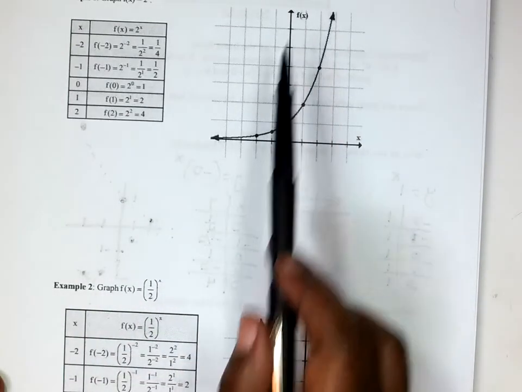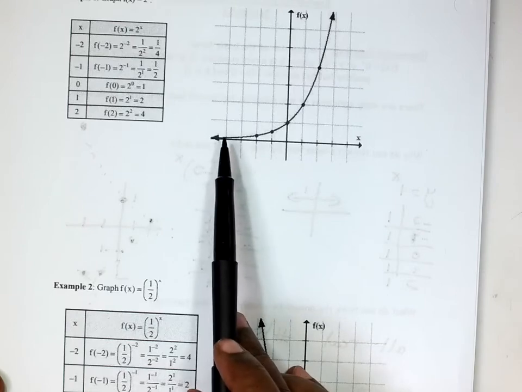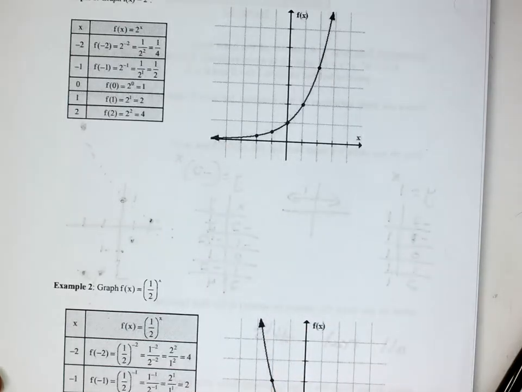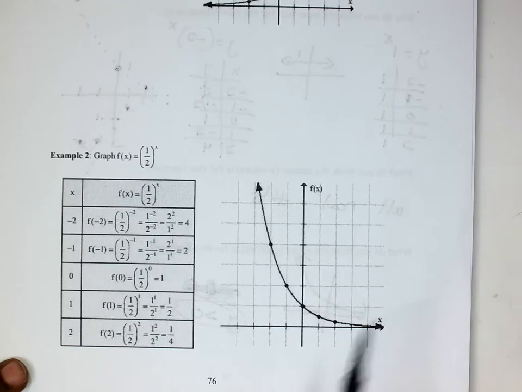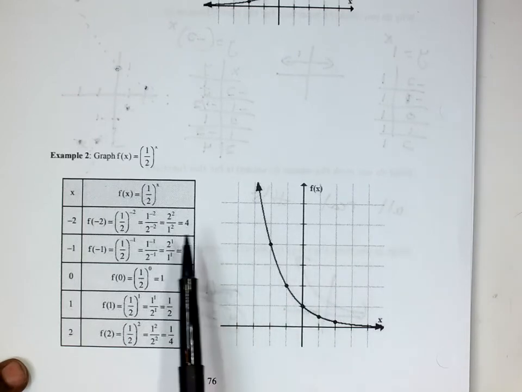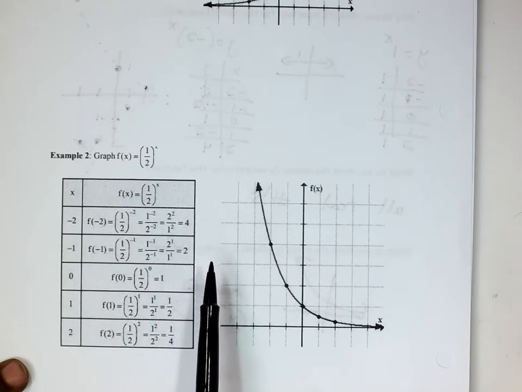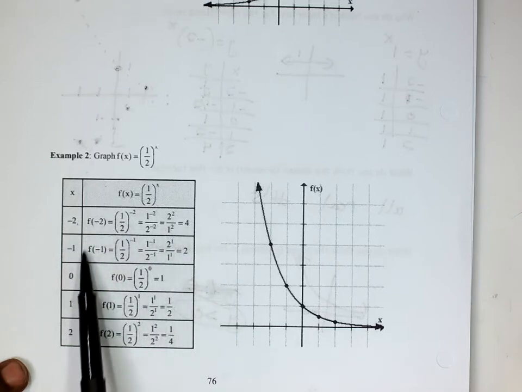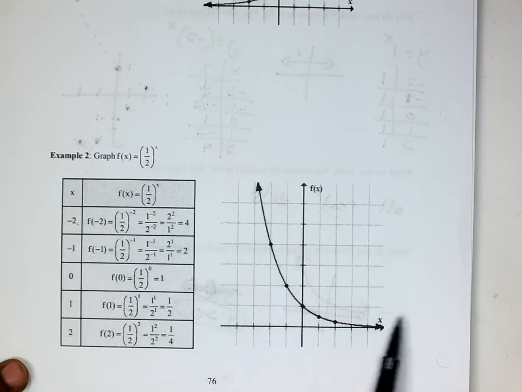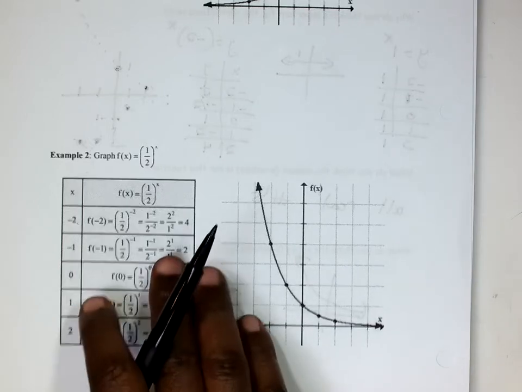The range, it gets really, really close to 0, but it never can actually hit 0. So the range is greater than 0. And then I have f of x is 1/2 to the x power. Again, evaluating at these points from negative 2 to 2 at the integer values and plotting them. And again, domain, all real numbers, range is greater than 0.